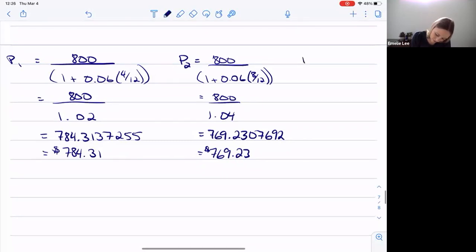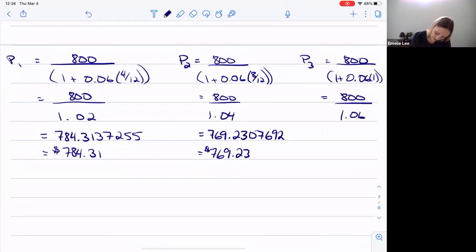So let's find P3 then. It is 800 over 1 plus 0.06 times 1, right? 12 over 12 is 1. So putting me at 800 divided by 1.06. Oh, I did 1.03. Sloppy.